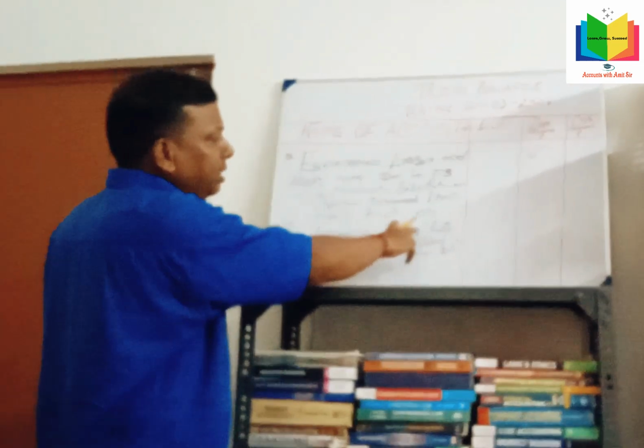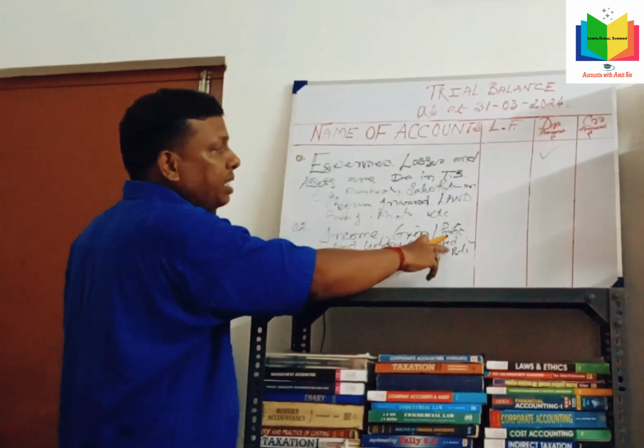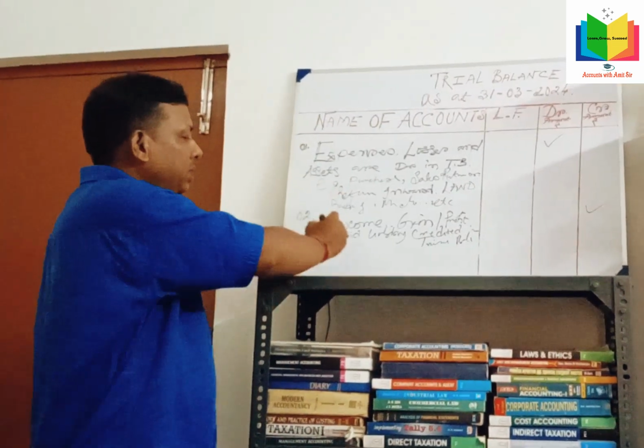Income, gain or profit and liability are credited, on the credit side in trial balance.